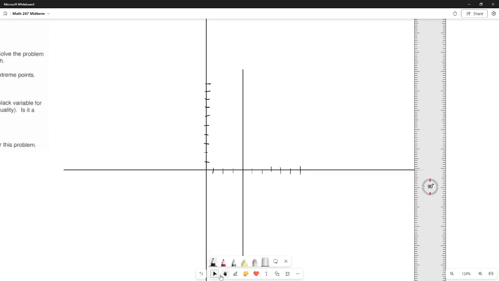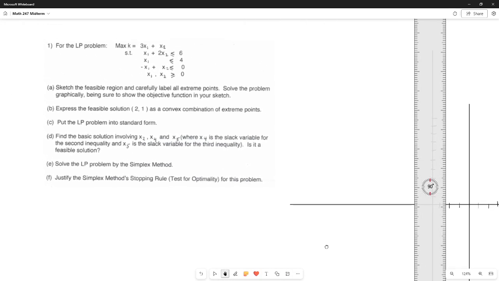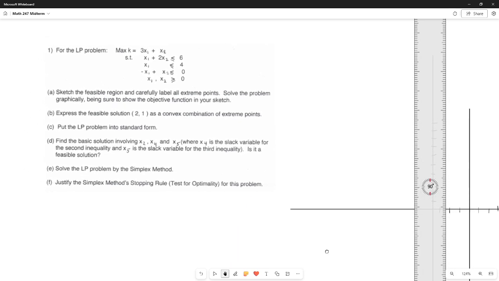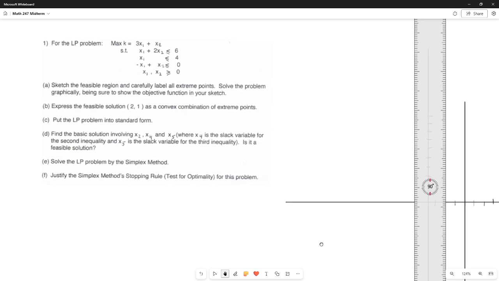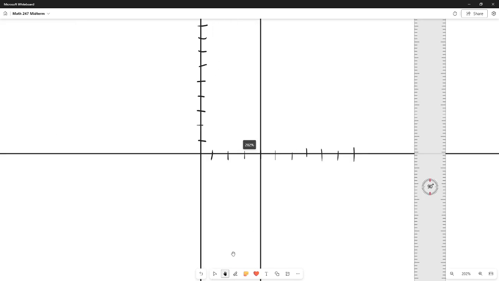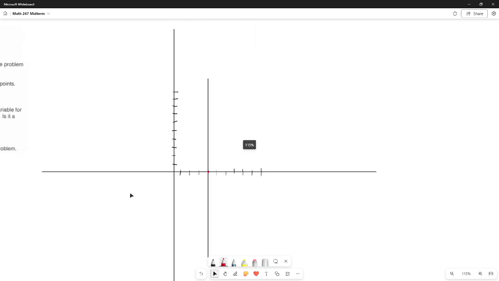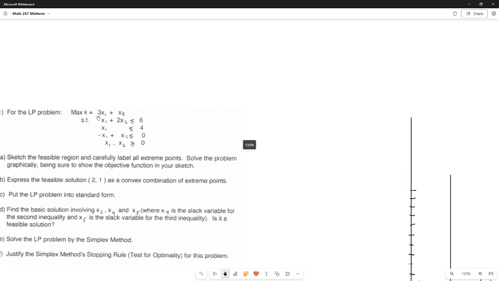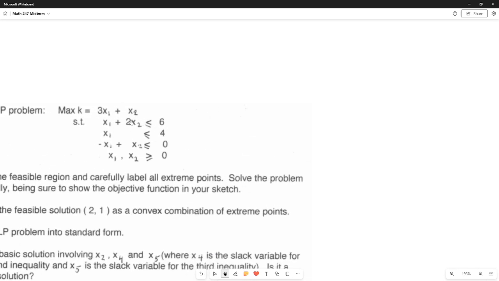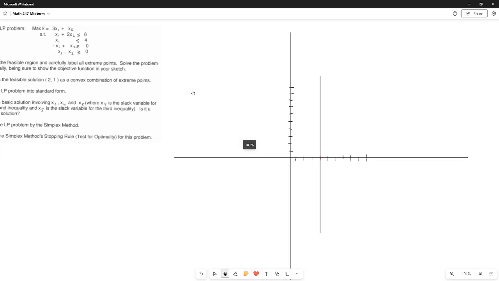So there's that. And then we have x1 plus 2x2 is equal to 6. Well, if x2 was equal to 0, then x1 would be the value 6. So we're saying, again, if x2 in this equation here was 0, then x1 would be the value 6.